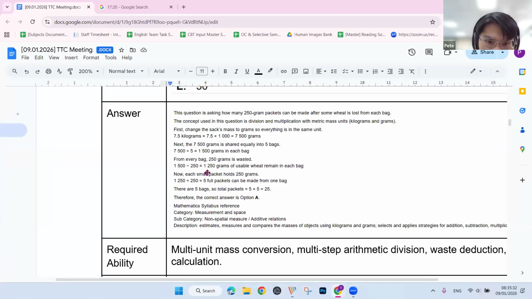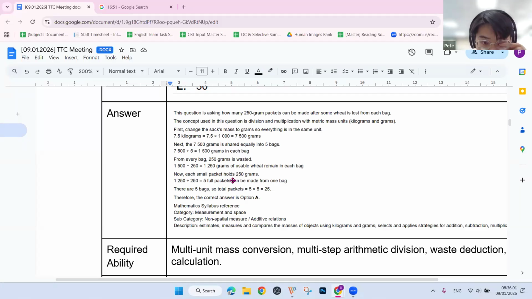Then we remove 250 grams spilled from each bag. So each bag now will have 1,250 grams each. And we will divide this into packets, each holding 250 grams.